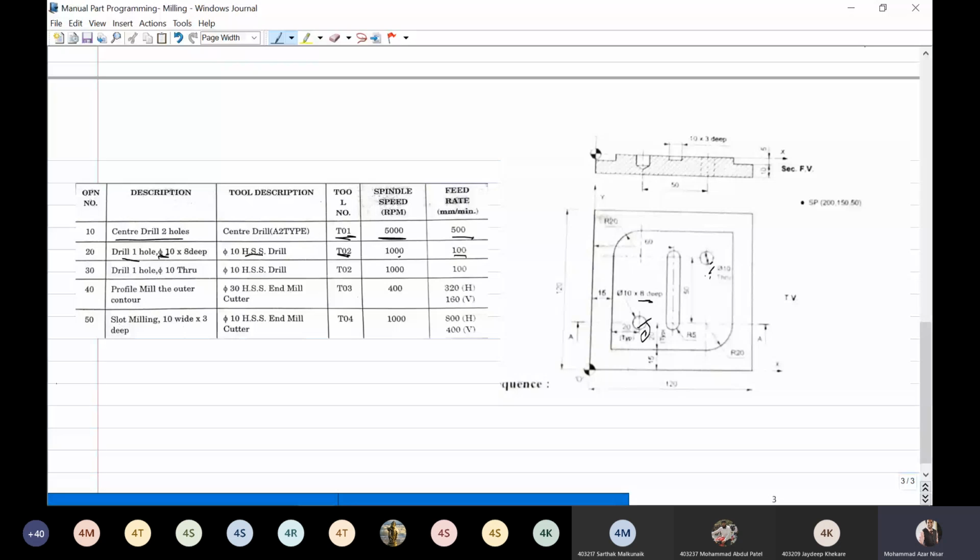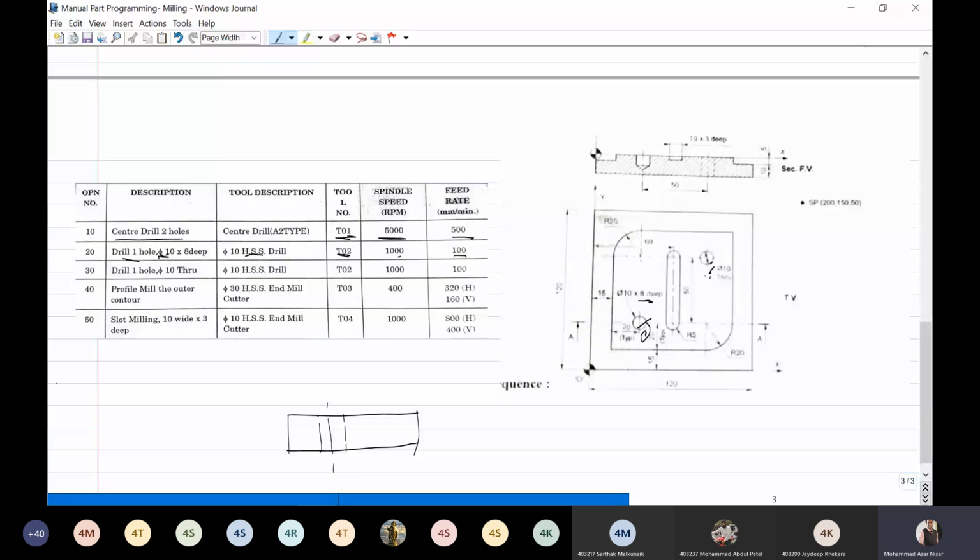In the case of drilling operations, you have to take the breakthrough distance also, because of the shape of the tools. Suppose I draw one diagram over here. Suppose this is the workpiece, and you have to drill this hole.